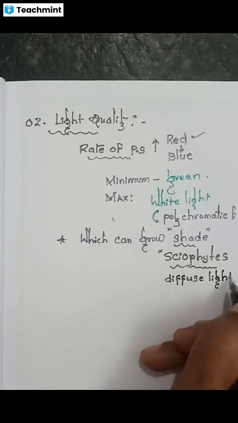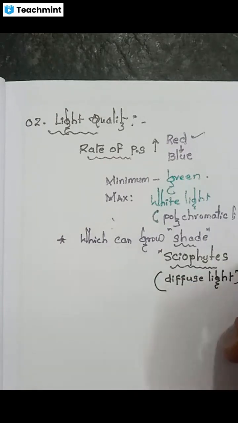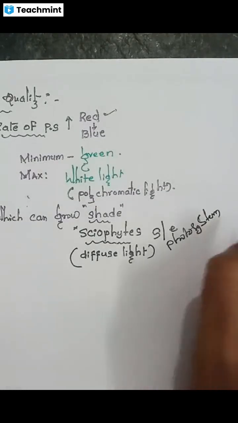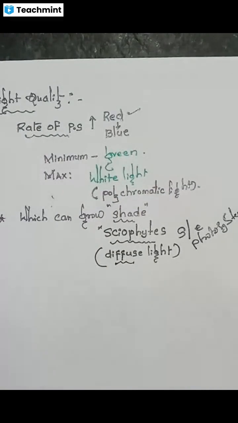The plants which can grow in shades are known as sciophytes.